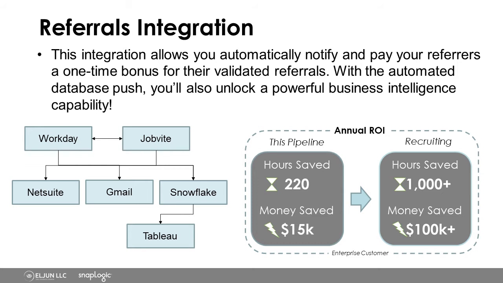We'll also send an email notification to that referrer to let them know, hey, this has been posted, you've got this bonus coming, and to thank them for sending that referral to begin with. And then we'll also post some data to a Snowflake database.